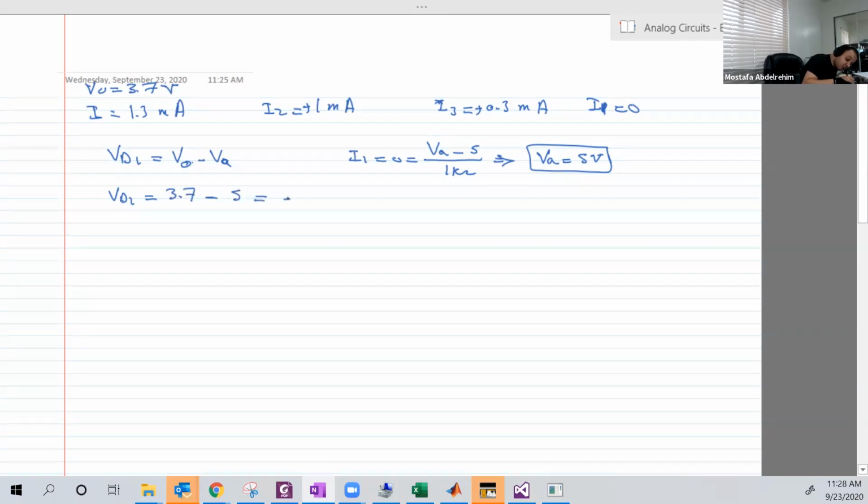This is minus 1.3 volts. And this matches what you assumed, because you assumed that D1 is off. That means it's reverse biased, or its voltage is less than 0.7. And now, let's go back to the circuit again. We have a trick here.